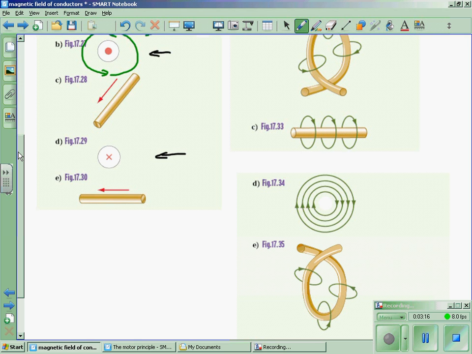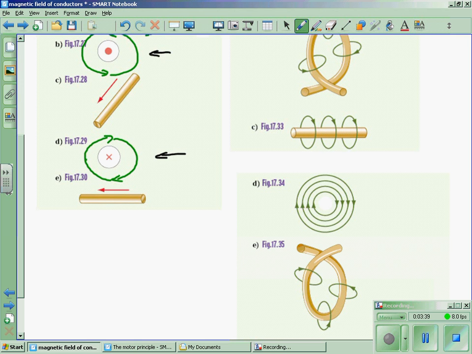I know that's a little bit difficult to do, but I want you to try that. And if you wrap your fingers around that wire, you'll notice that the magnetic field lines go this time in a clockwise direction. Okay? And again, we're going to leave it at that for now for right-hand rule number 1.